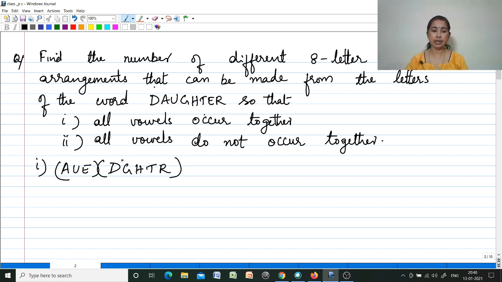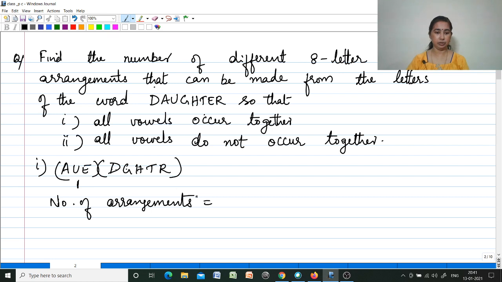We can take all the vowels together as a single unit. So there are 1, 2, 3, 4, 5 letters and this single unit, that is 6. How can we arrange these 6 items? They can be arranged in 6 different ways.